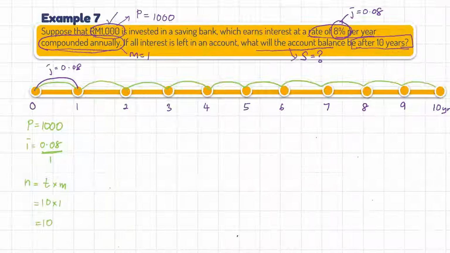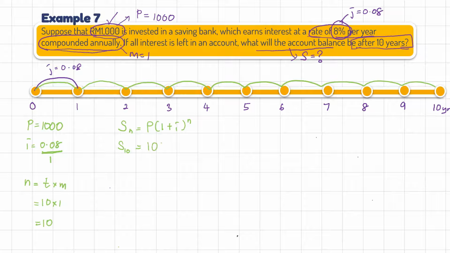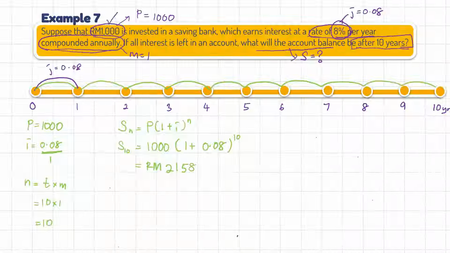The formula for compound amount is Sn equals P(1 + i)^n. So we are going to write S10 equals P is 1000, (1 + i is 0.08)^n is 10. Then just press your calculator and you will get RM2,158 and 92 cents. So this is the answer for S10.